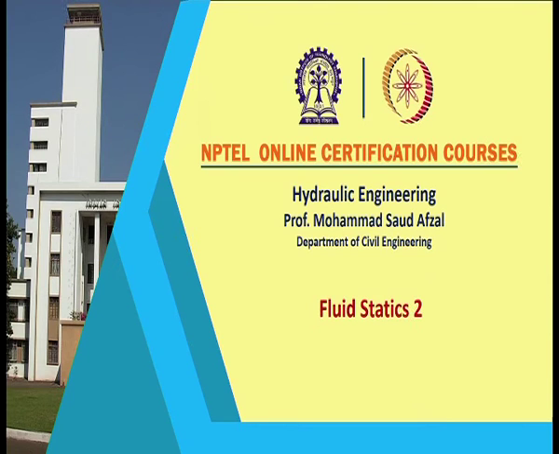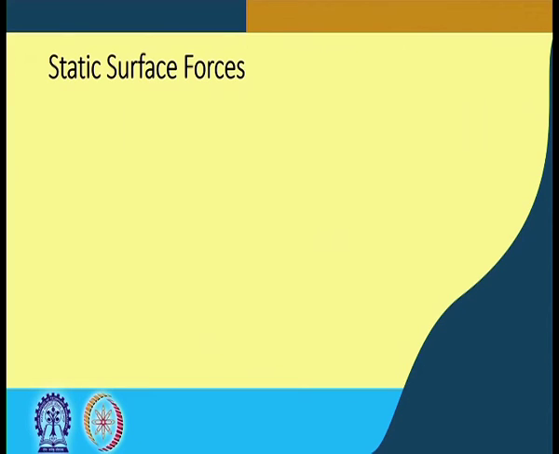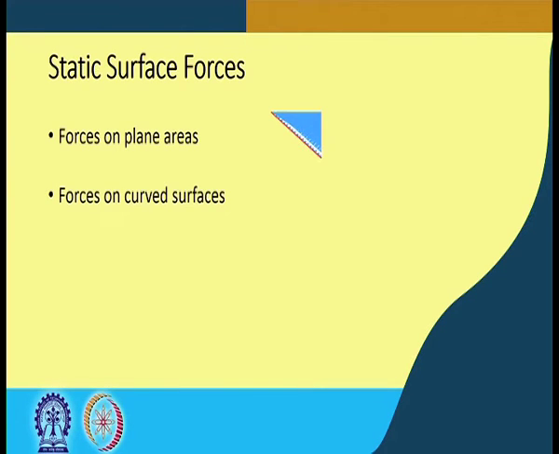So this is fluid statics 2. I call it 2 because we are going to do the surface forces and body forces. Therefore, we need to know what we are going to study in fluid statics 2. So in statics 2, it's static surface forces. We are going to see force on plane areas, and force on curved surfaces like this.